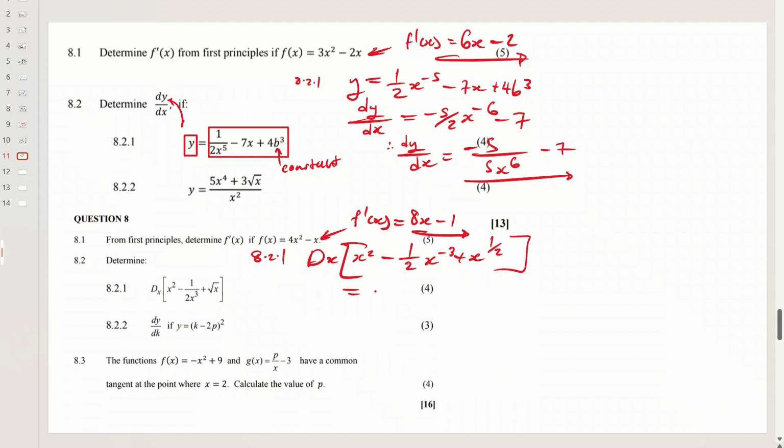So taking the derivative of this side, we'll have 2x plus 3 all over 2, x minus 4, plus half, x minus half. So now this is 2x plus 3 all over 2, x to the 4, and then plus half, x to the minus half, is 1 all over square root of x.